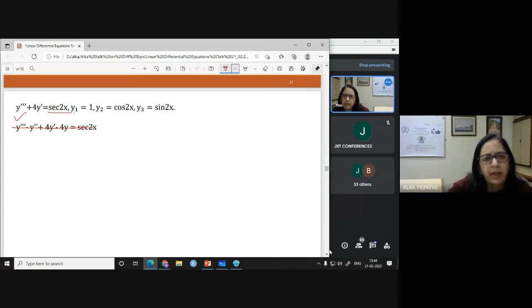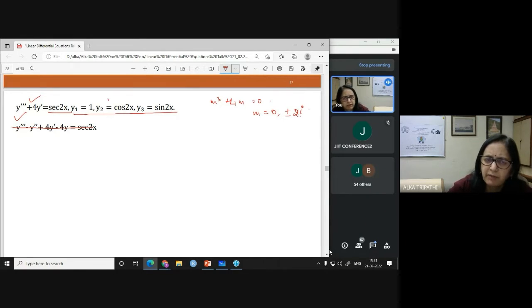Since I'm already given y1, y2, y3, we could have obtained it also using the auxiliary equation m cube plus 4m equal to 0, getting the values of m to be 0, plus minus 2i.